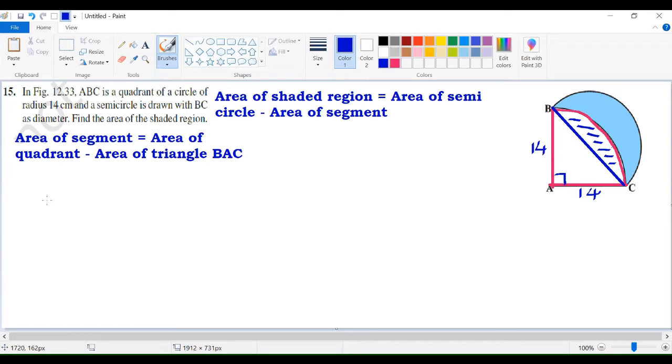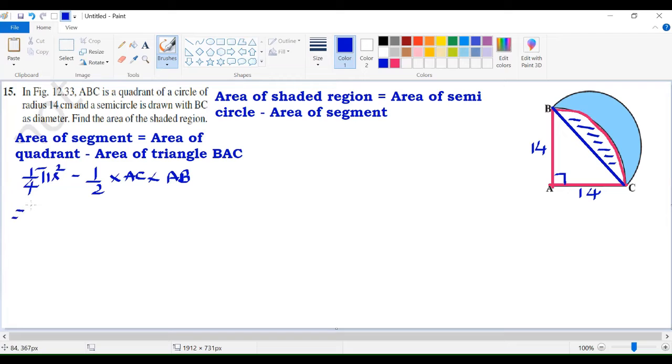So area of the quadrant equal to 1 by 4 pi r square, minus area of triangle BAC, half base into height. So it's right angle triangle, so base into height, that is half AC into AB.